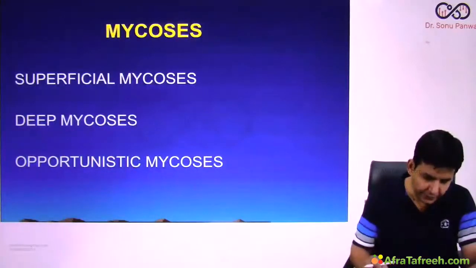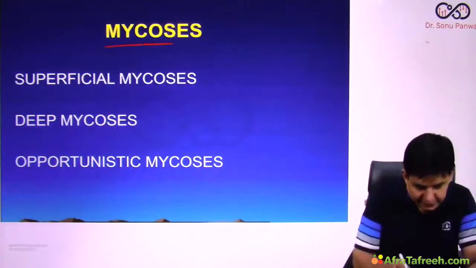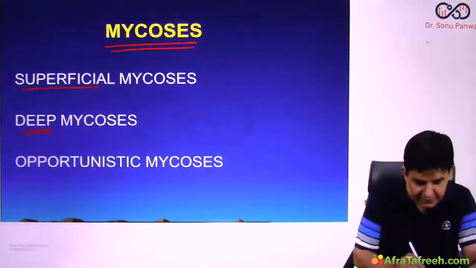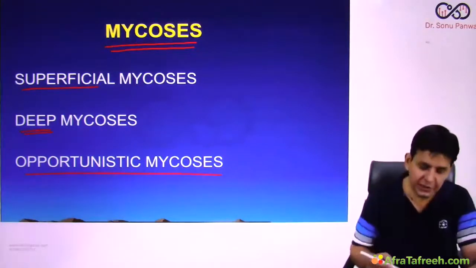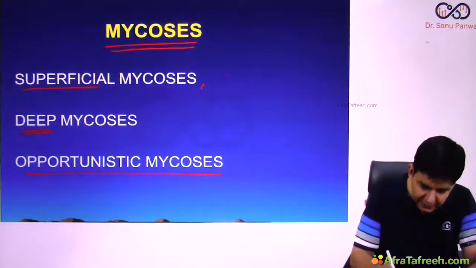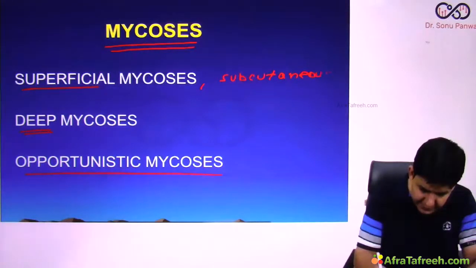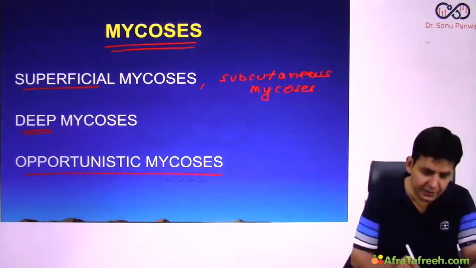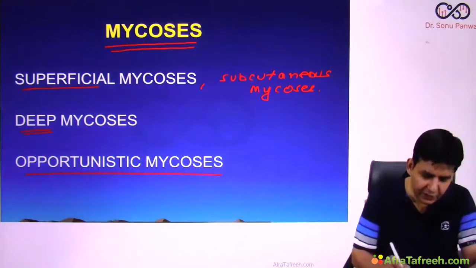Okay. Now the other classification is based on the location: one is superficial mycosis, one is deep mycosis, and one is opportunistic mycosis. And the one we missed out is the subcutaneous mycosis.